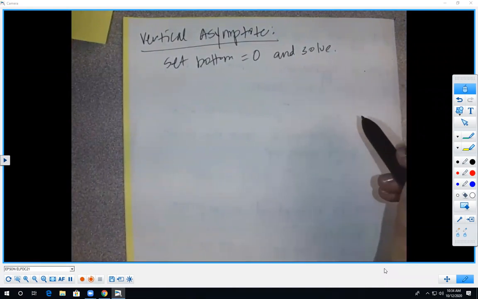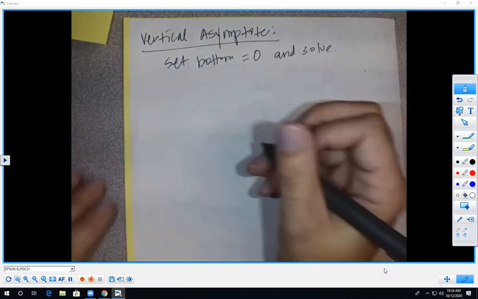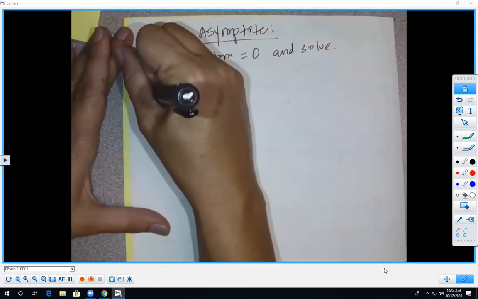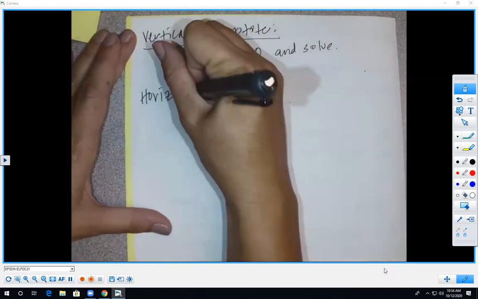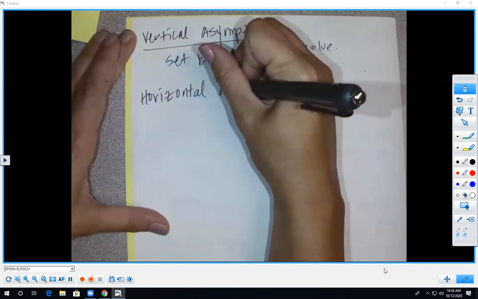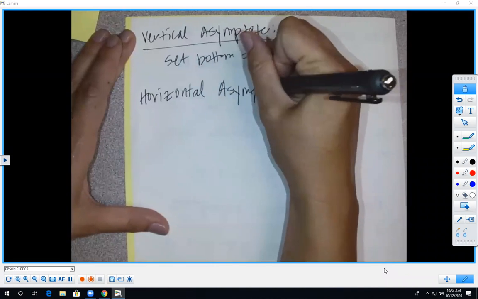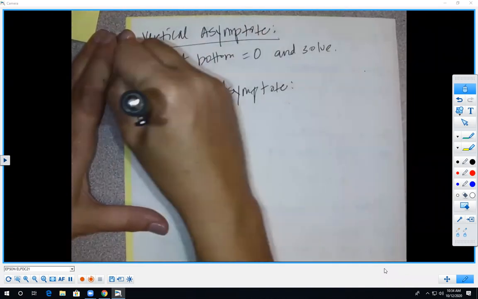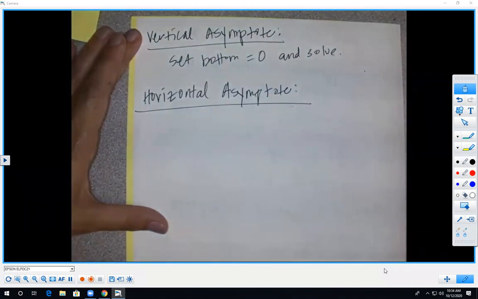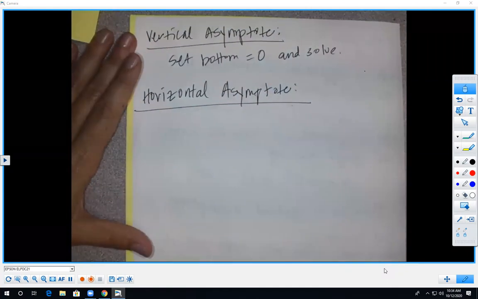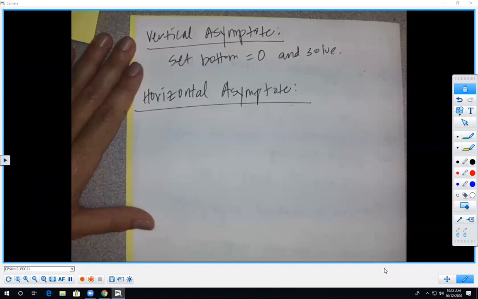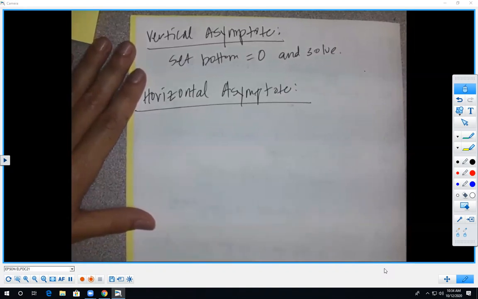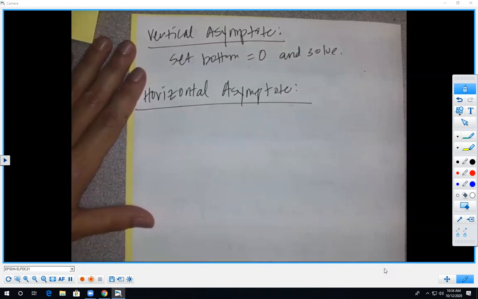So horizontal asymptotes. These are the ones that are a little bit more difficult and take a little bit of time to figure out. You have 3 options here. There are 3 different situations you can have, and depending on the situation, your asymptote is different.